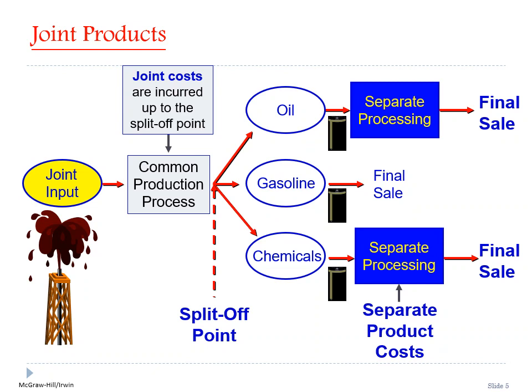But it decides to sell the oil at the final selling price. يبقى it decides to continue making some separate manufacturing processing to these products to sell it at a final selling price.